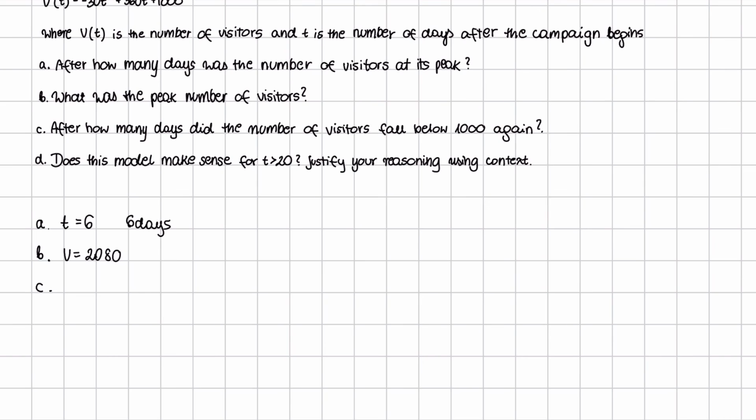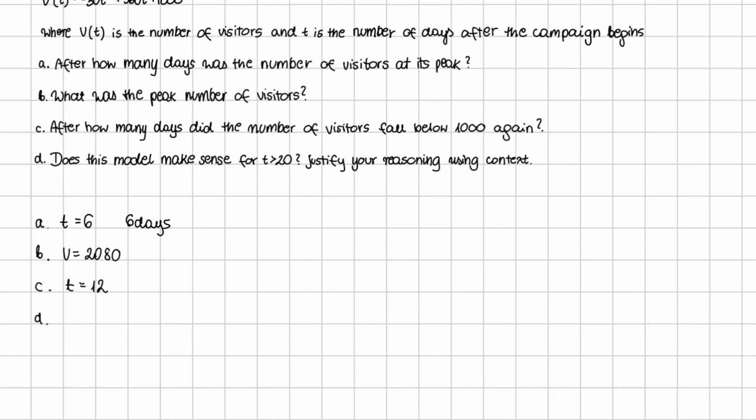So we're looking for t, so on our GDC this is x, so we are calculating x, so our y value that we need to enter is 1000, because we are looking for the number of days when our number of visitors fall below 1000 again. So this is t equals 12.